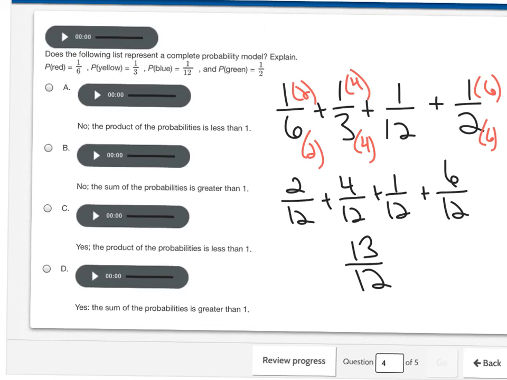So this is not a complete probability model, and let's see what the reasoning is. The first option says no, the product of the probabilities is less than 1. Product would mean multiplying. We're not multiplying, we're adding. B says no, the sum of the probabilities is greater than 1, and that's the answer that we want.